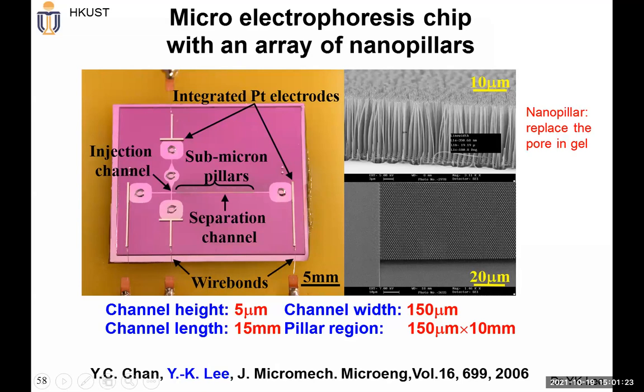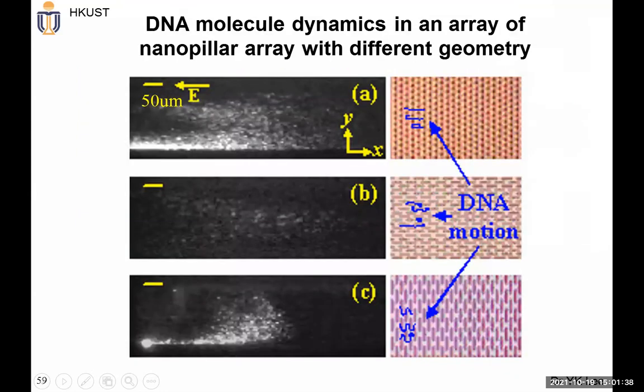Okay, so here I show you, at least 15 years ago, I worked with my student and came up with a unique micro channel with micropillars, and we demonstrated a unique way to do DNA electrophoresis for larger molecules without a sieving matrix.